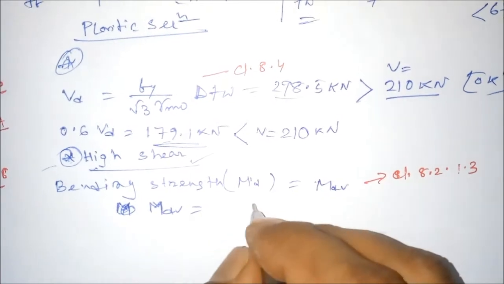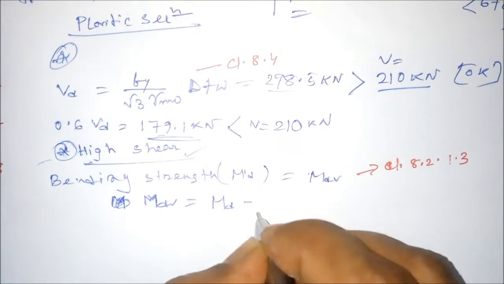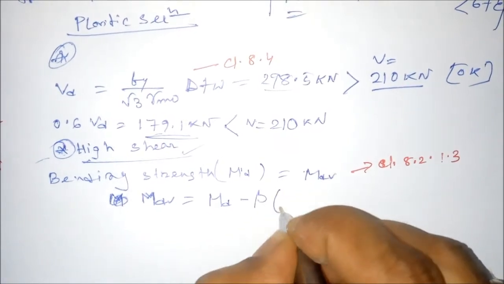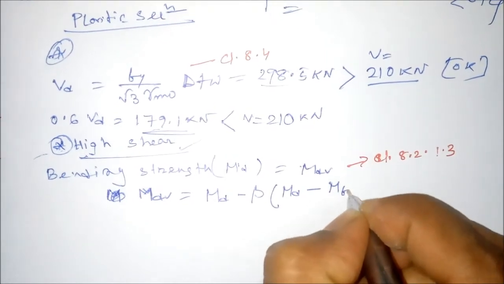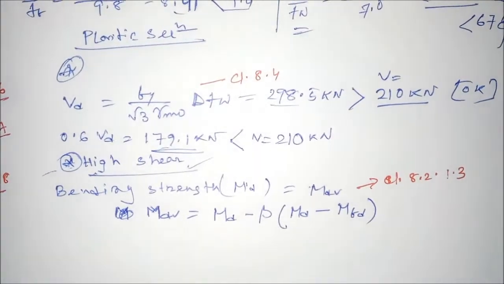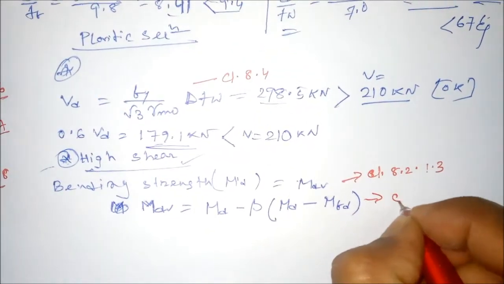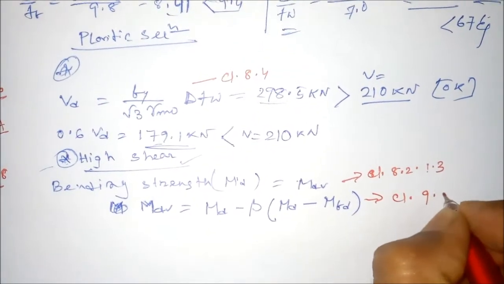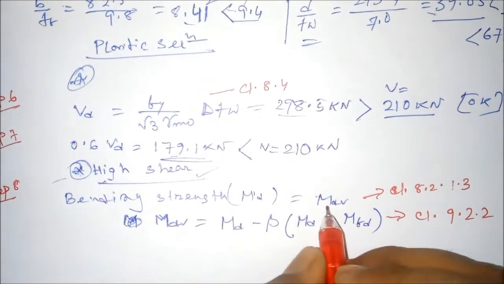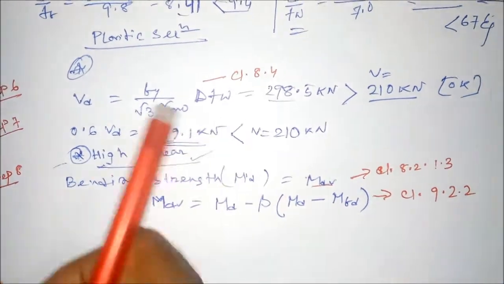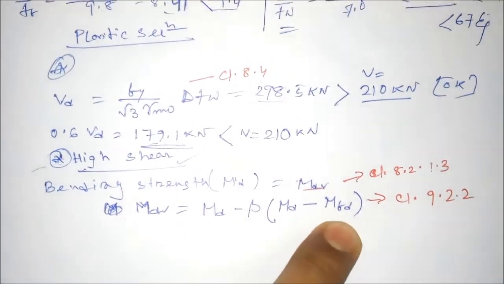The value of MDV is equals to MD minus beta into MD minus MFD, right? This equation you will get in clause number 9.2.2, right? Now what are the MD, beta, MFD? We need to know.